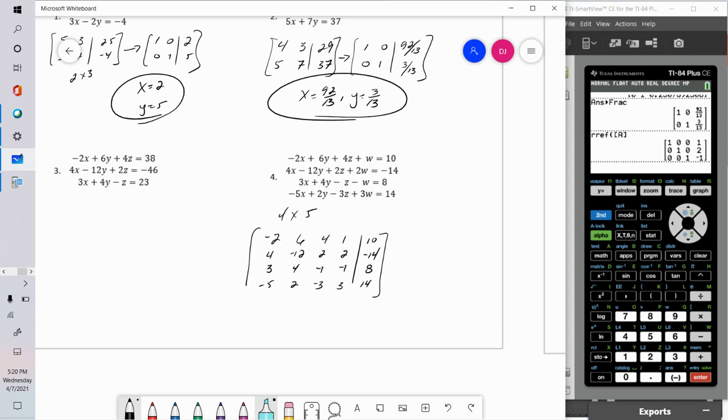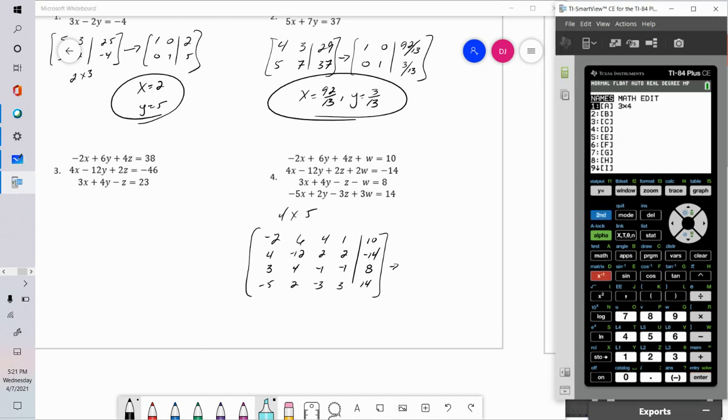I don't know if you're like me. I hope you're not. I start to get a little lazy thinking, oh, I got to write all these numbers. Well, can you imagine doing the whole thing out? Okay, yuck. Using the calculator, I write the augmented matrix.